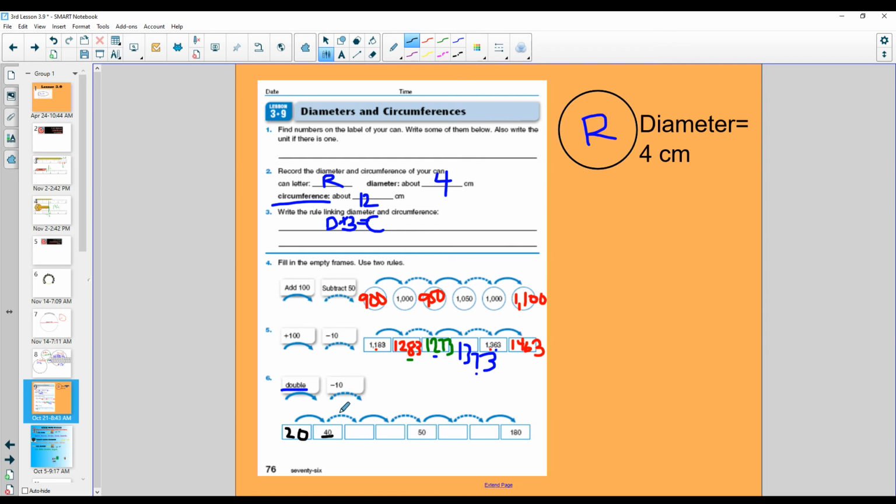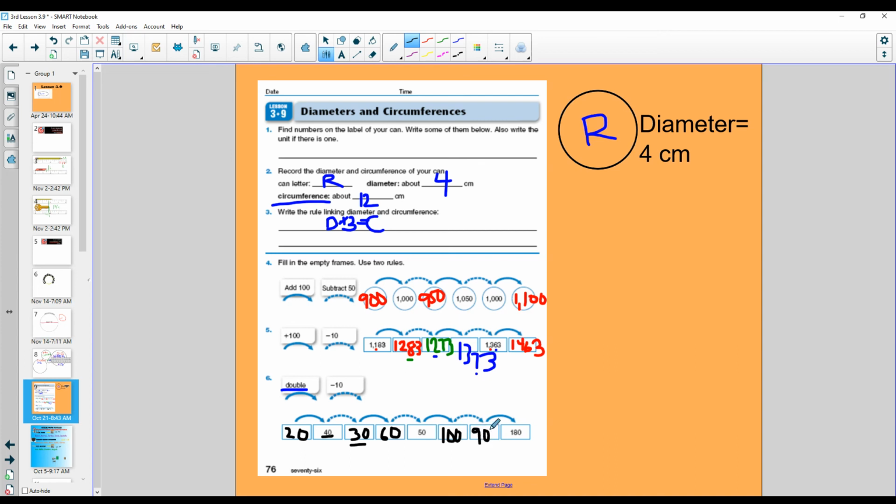All right, now we have to minus 10, which gives us 30. 30 doubled is 30 plus 30 gives us 60. Minus 10 gives us 50. 50 plus 50, that's doubled, gives us 100. 100 take away 10 equals 90.